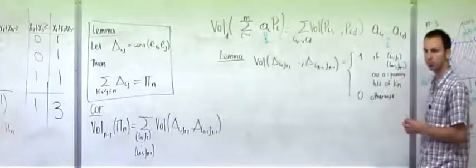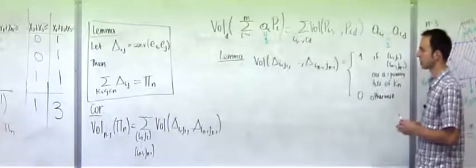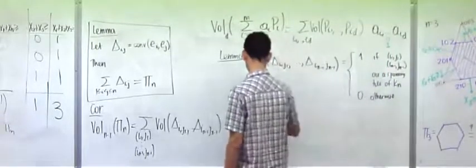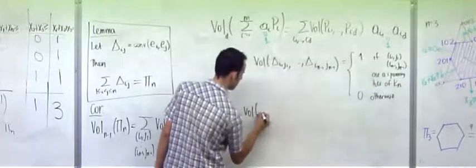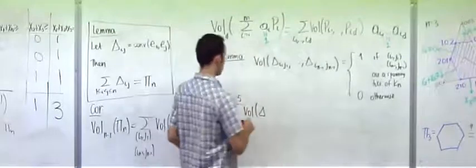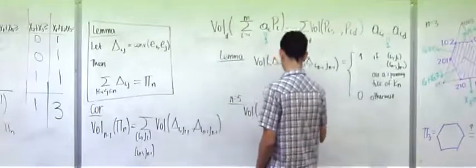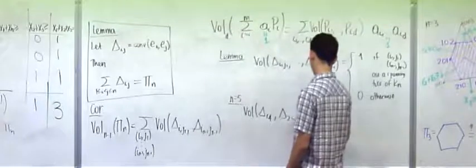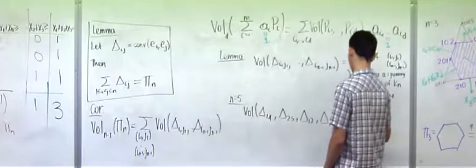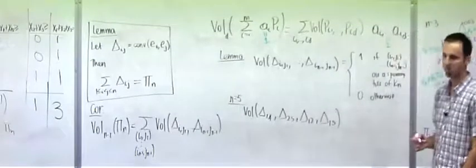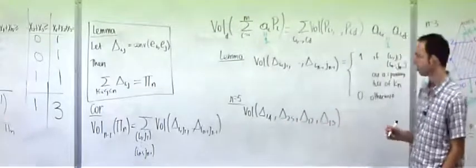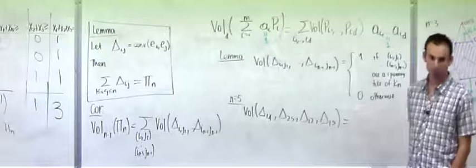Okay. And let's parse this a little bit. So, for example, mixed volume of, let's say that n is 5. Okay. So here I have something like volume of delta 1,4, delta 2,5, delta 1,2, delta 1,3. Okay, that's one of the terms that appears. Right, I have n minus 1 choices of segments. And I'm claiming that this is either 1 or 0.